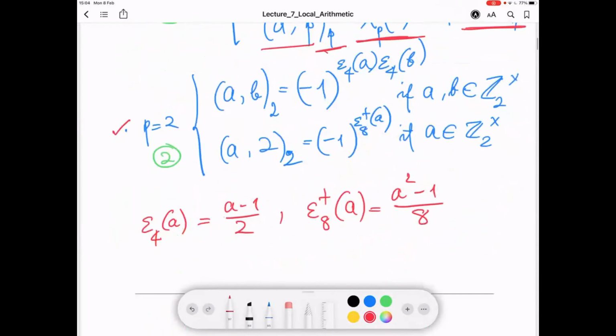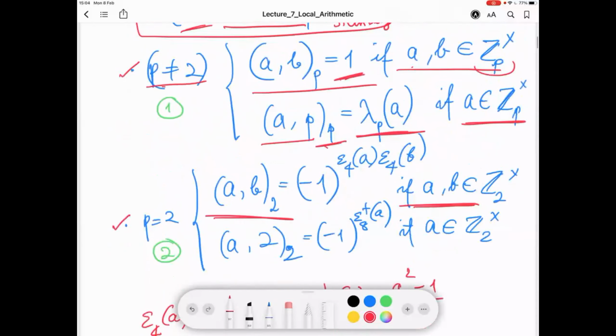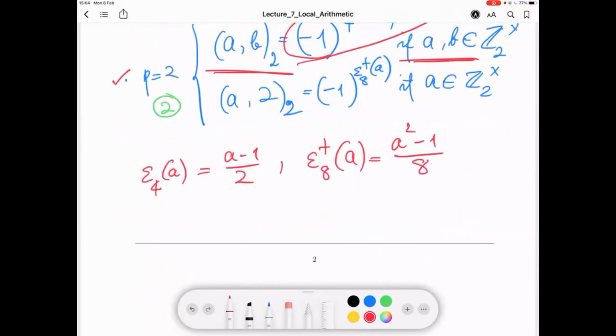For Q_2 star, something slightly different happens. (A, B)_2 is, even when A and B are both units, it's not equal to 1, as in this case here. It's (-1) to the power epsilon_4(A) times epsilon_4(B). And what is this epsilon_4? This epsilon_4 of a unit A in Z_2 star is just (A-1)/2 mod 2.